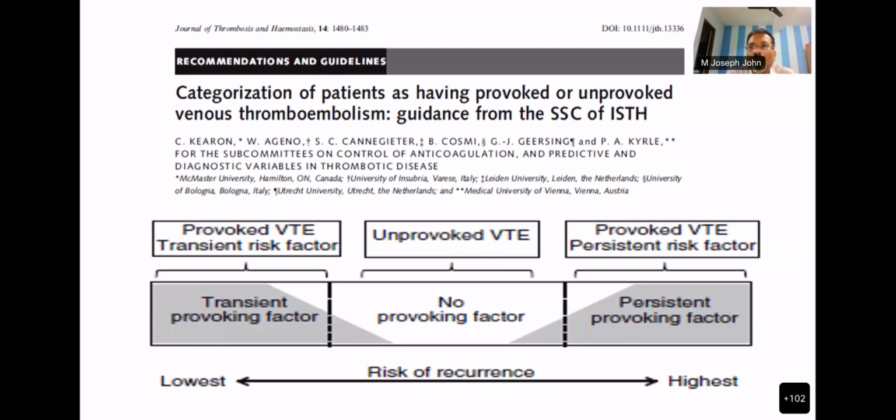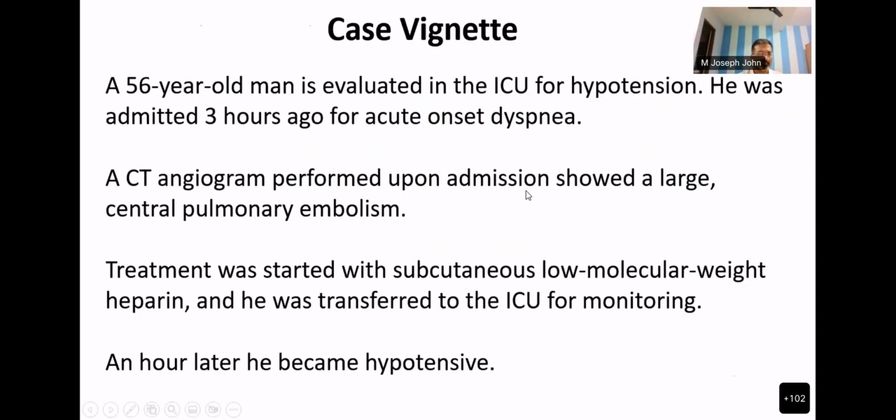Essentially, provoked means there is an injury happening, either by cancer, surgery, immobilization, air travel, etc. In the absence of injury, and it is a hypercoagulable state, that means essentially we are assuming a thrombophilia situation in the mind.